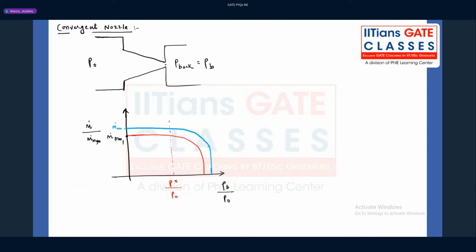This is the maximum mass flow rate corresponding to a different P naught 2. P naught 2 is more than P naught 1, so the maximum mass flow rate will be more than the first mass flow rate corresponding to P naught 1.